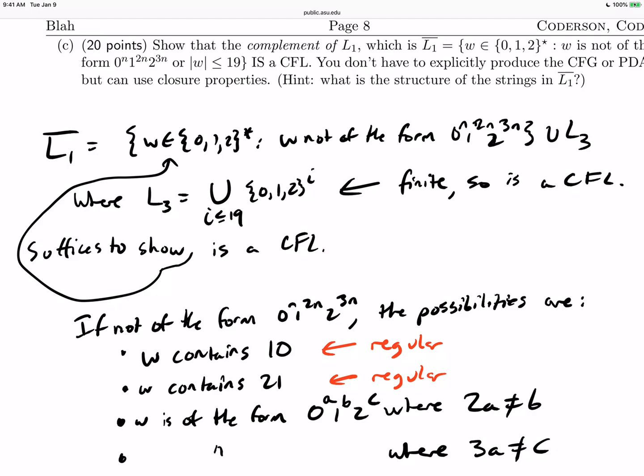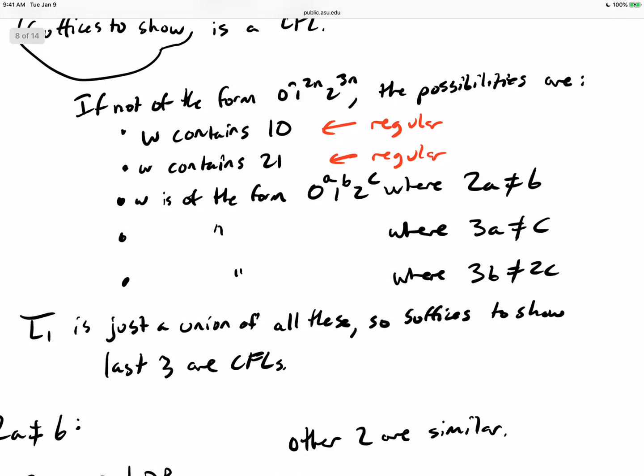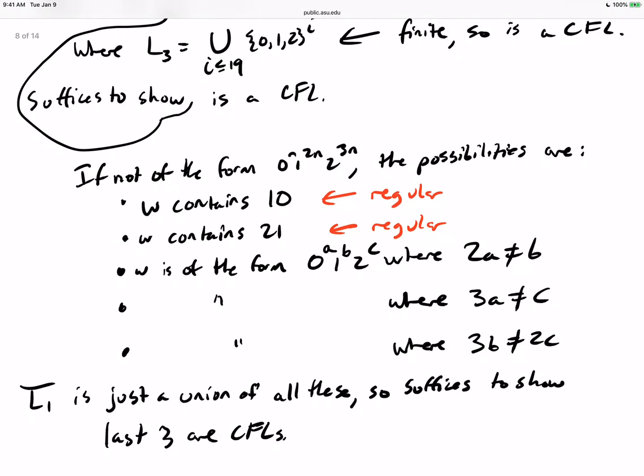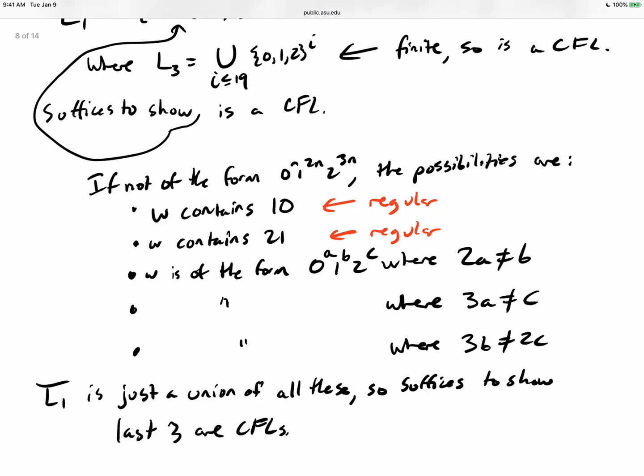So if we prove that not of the form 0 to the n blah is a context-free language, then closure under union gets us a context-free language. So that's why I have the hint right here. What is the structure of the strings in L1 bar? Well, if it's not of the right form, then it either has a 1, 0 in it, or it has a 2, 1 in it, or the proportions are wrong somewhere.